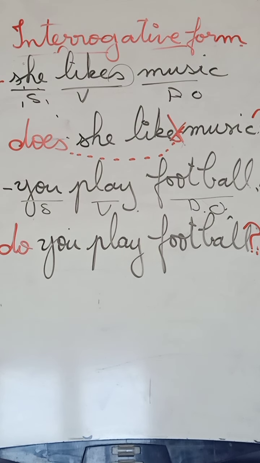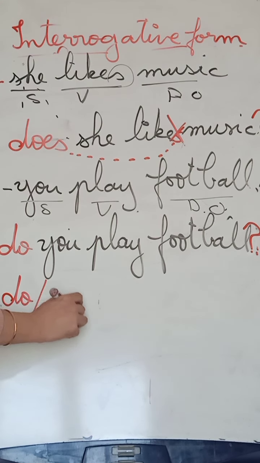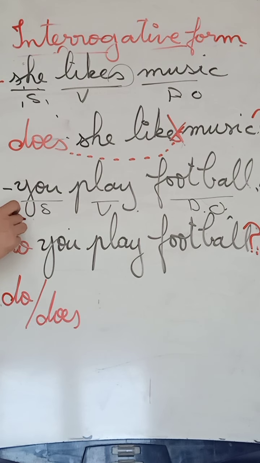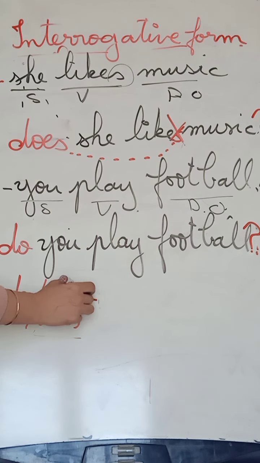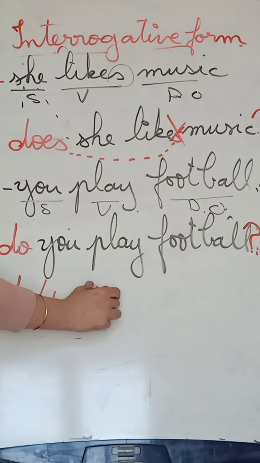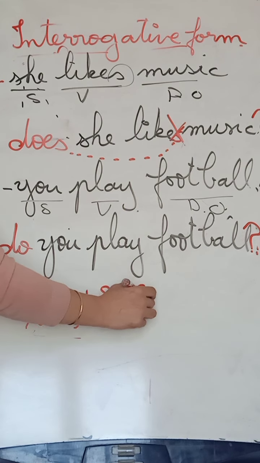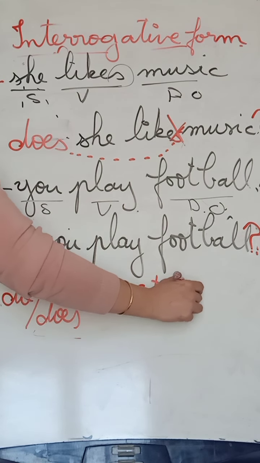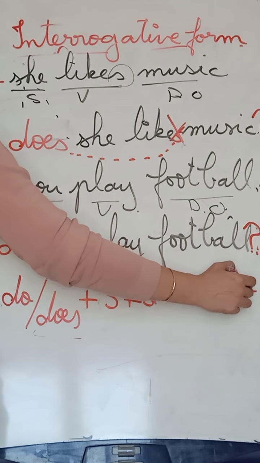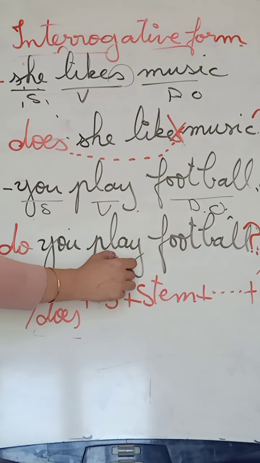So here to formulate the interrogative form, I have to use auxiliary do or does, it depends. As I told you, with she, he and it we use does, and with I, you, we and they we use do, plus subject, plus a stem, plus the rest of the sentence, plus question mark. So what is a stem?